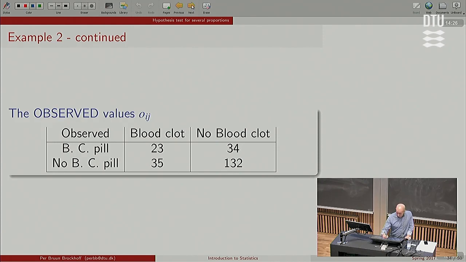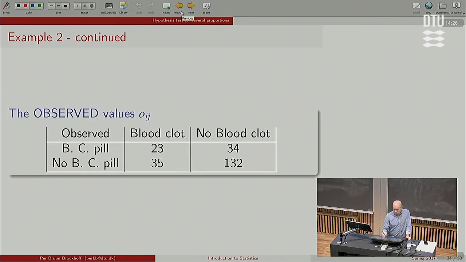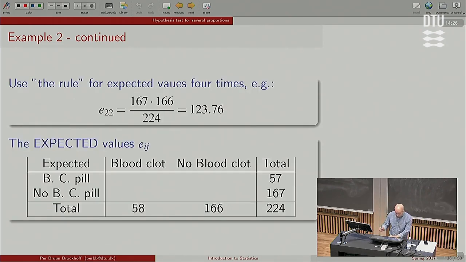Well, we already discussed it a little bit. Here was the 2 by 2 table. When I'm going to construct the expected table, I repeat my table with the totals, but without any content. For instance, to get the E22, now I'm positioned here, right?